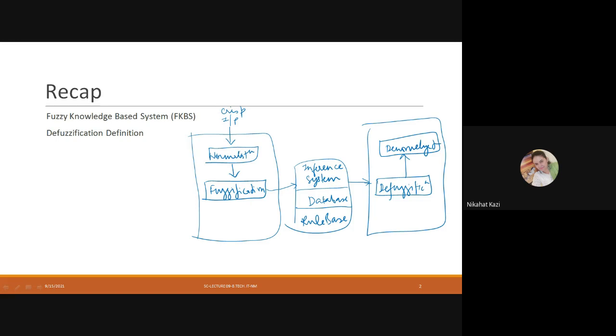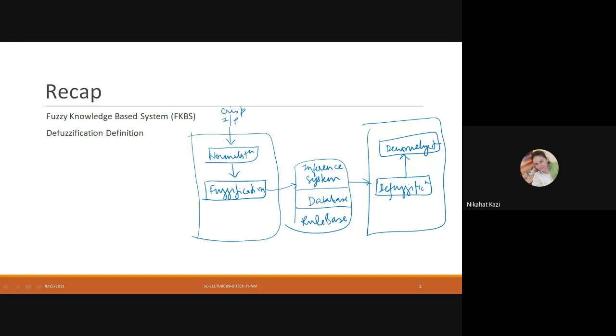Inference system checks which of the rules in the rule base are fired, and accordingly it computes an output area. It computes the output based on the rules which were fired, based on the crisp input which the system had received.